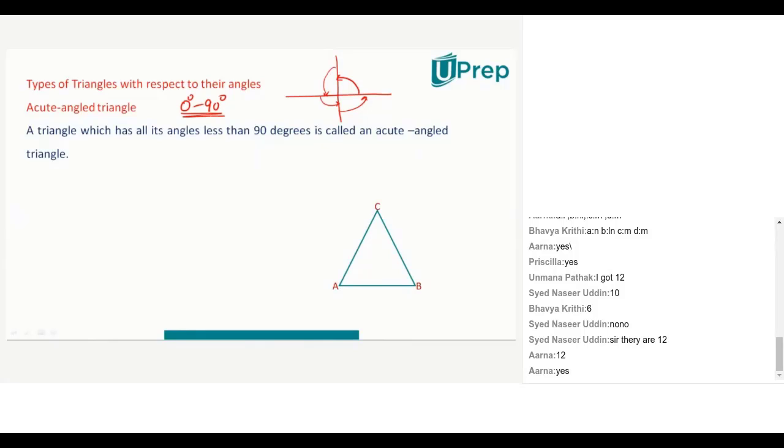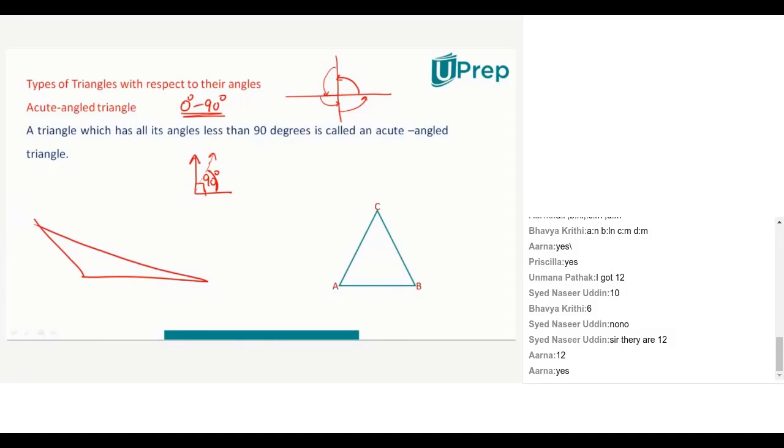Now, I know that this is a 90-degree angle. That means this ray or this stick should be bent inwards to make it an acute angle triangle. You guys agree with me? Yes, sir, it has to be less than 90. Now if I tell you, guys, is this an acute angle triangle?